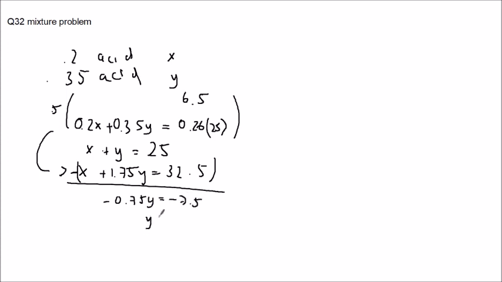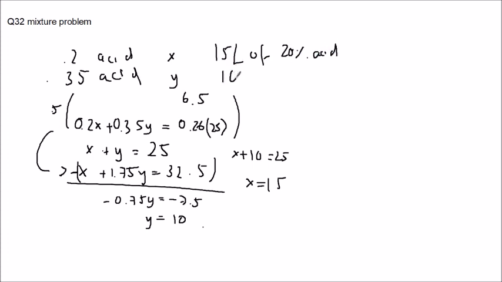You can put that in a calculator, you'll get y equals 10. So now we have x plus 10 is equal to 25, so x is just equal to 15. So we'll need 15 liters of 20% acid and 10 liters of 35% acid to make the 26% acid, right?